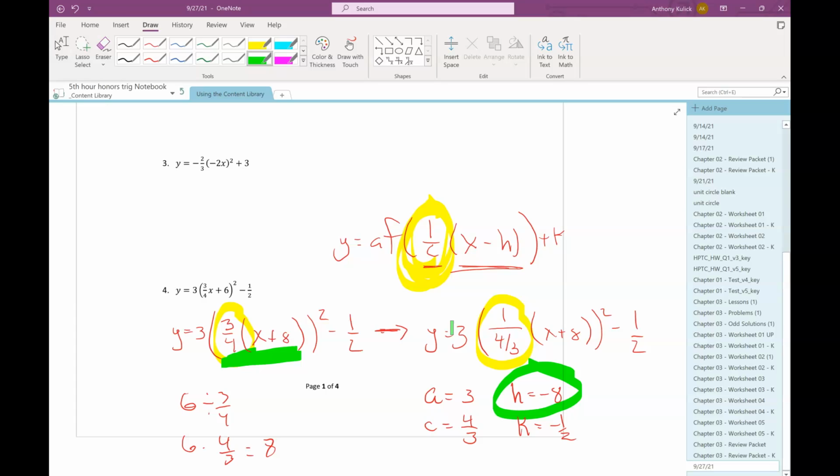I think almost everybody got the A, K and C right. Most of us missed the H. So all you do is factor it out when it's being squared. Whatever the coefficient on your x inside of the function is, it has to be 1, so you have to factor that.